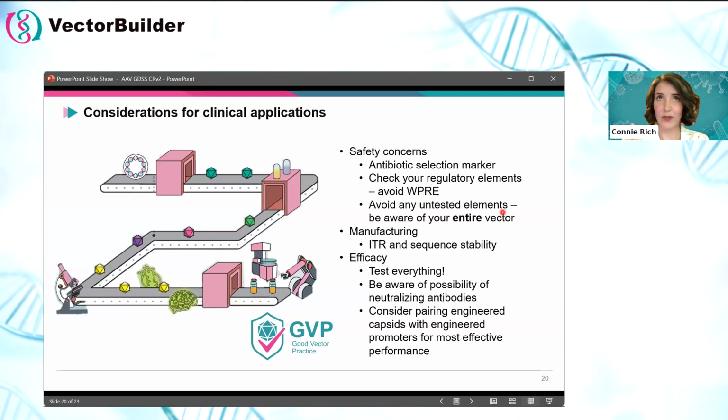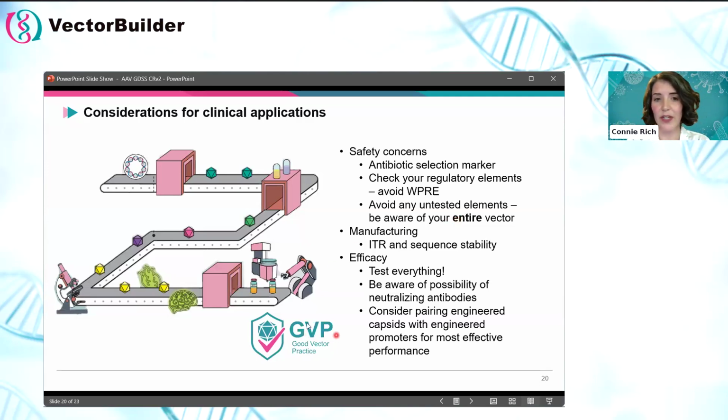Any extraneous sequence that doesn't really need to be there, especially anything that's untested, should be removed. But also, you have to be aware of your entire vector, including those novel capsids, including novel promoters. All of those things need to be really thoroughly tested well before clinical phases, ideally even during preclinical phases. The earlier you can start these considerations, the better.